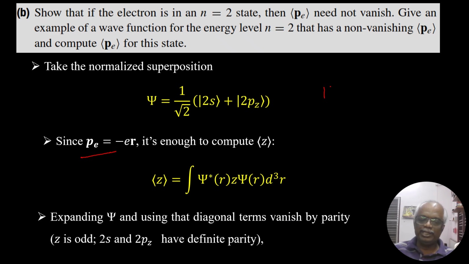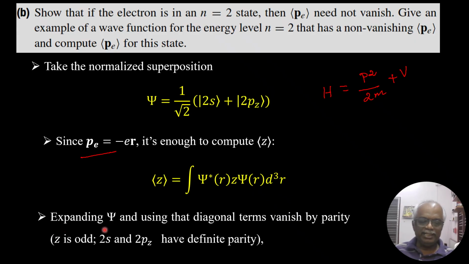You know the Hamiltonian H is equal to P squared over 2m plus the potential energy V. From this, we can easily prove that P is equal to minus e times the vector R. So, because it's a radial part, it is enough to compute the expectation value of Z. The expectation value of Z is by definition equal to the integral of psi star of R times Z times psi of R, d3R, because it's a three-dimensional one.